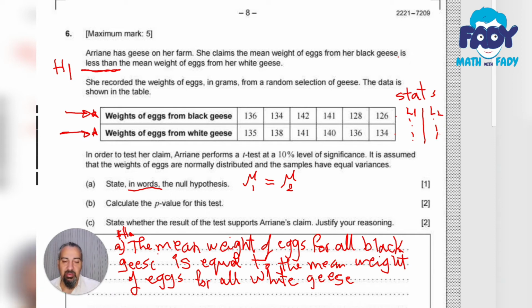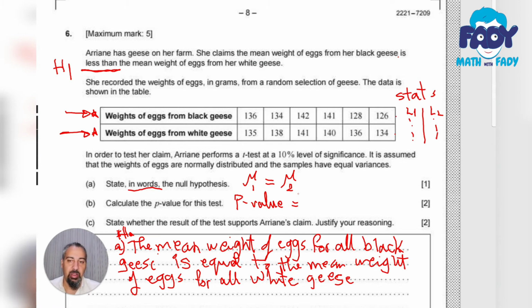Then tests, t-tests, calculate, and we will get the p-value. Without the graphing calculator, we cannot find this p-value.